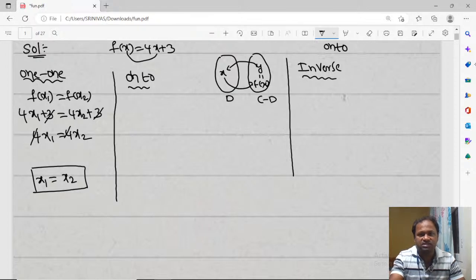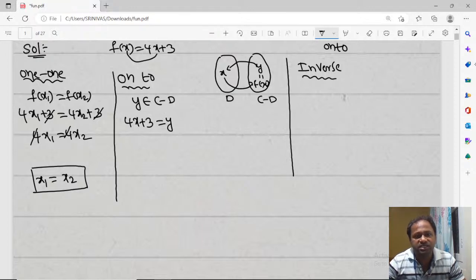Let me check it once. So, onto property. First I will take y belongs to codomain. CD is nothing but codomain. So the element in the codomain will be in the form of 4x plus 3, which is y is equal to 4x plus 3.